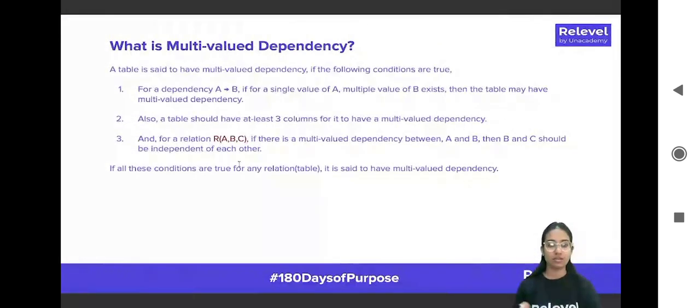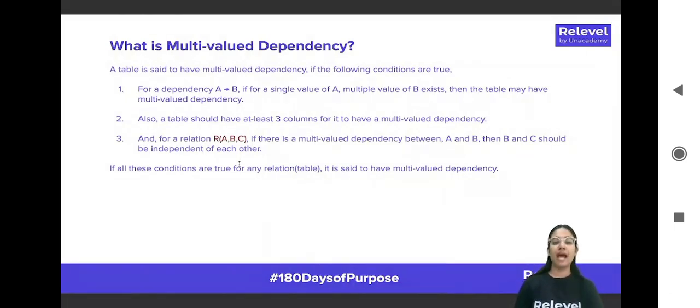Second, a table should have at least 3 columns for it to have multi-valued dependency. Multi-valued dependency can only exist if there are at least 3 attributes in a table.